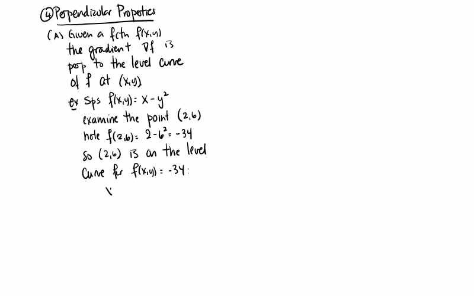Right, that's this level curve. If we take this and set it equal to negative 34, we get x equals y squared minus 34. This is a particularly icky level curve. It looks like a parabola, but it's shifted way to the left.